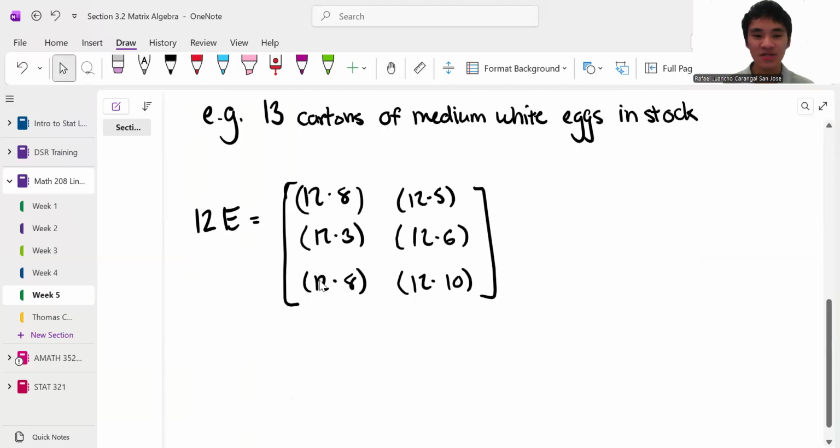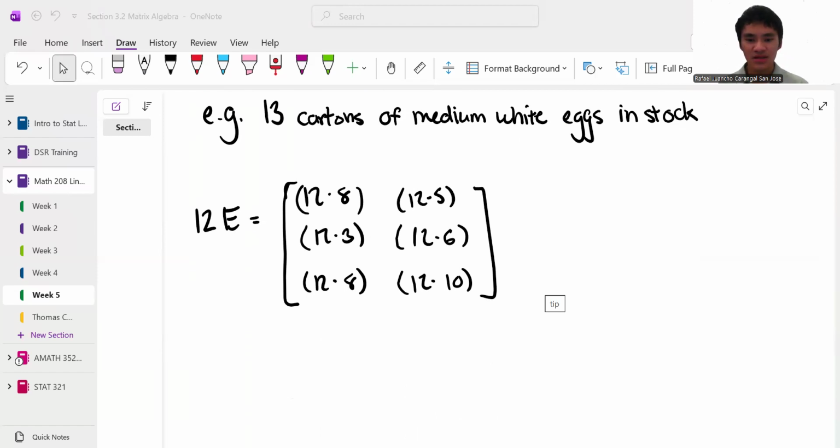Another thing we can do is multiply a matrix by a scalar. The way that works is we multiply that particular number by each element of the matrix. Basically, we multiply the number by each element.